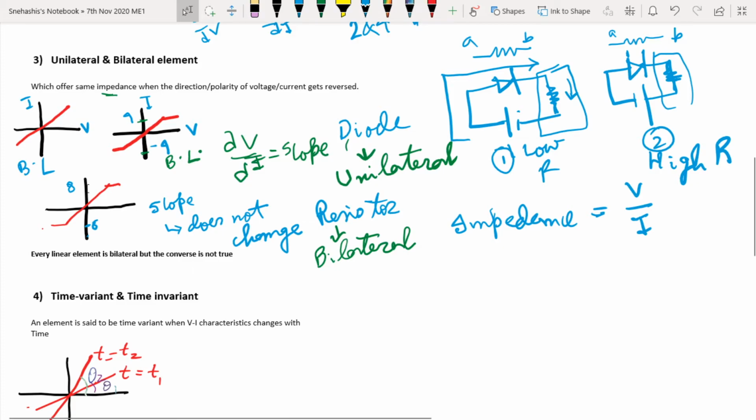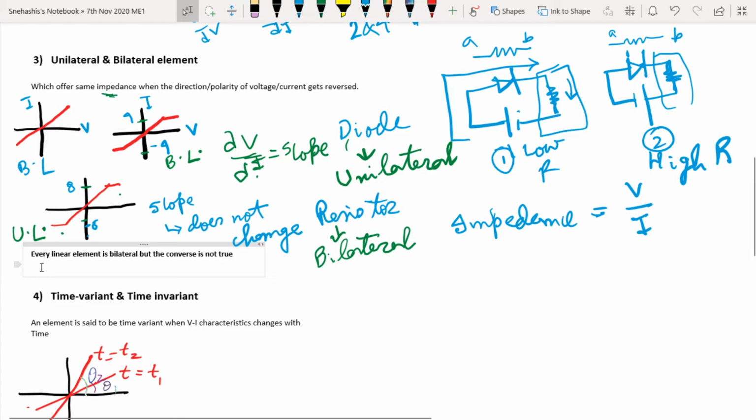But in the third diagram, this is 8 whereas this is -6. They are similar but the magnitude is different. So the impedance offered is not the same, dV/dI is not the same. The slope is different here and different here. The slope is voltage divided by current. If the voltage level is the same but the current level is different, V by I is different in the first and third coordinates. So the slope is different obviously, and that's why it is a unilateral one.